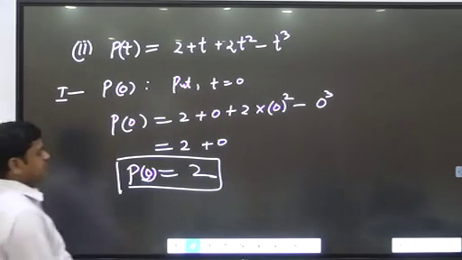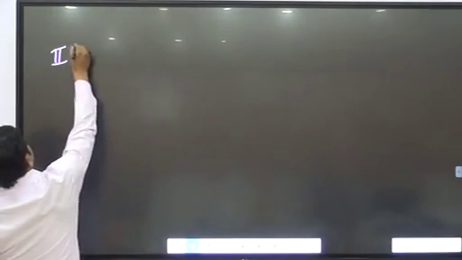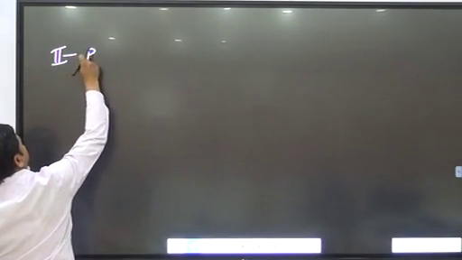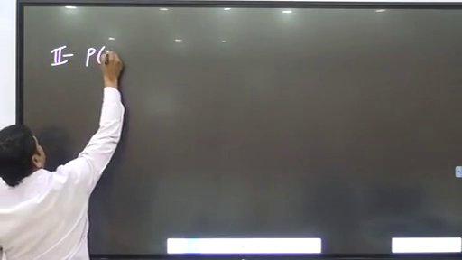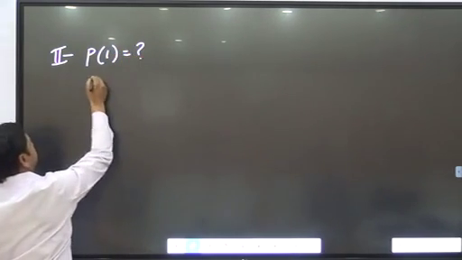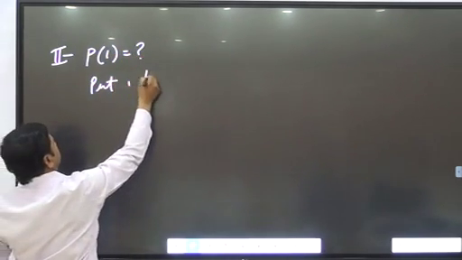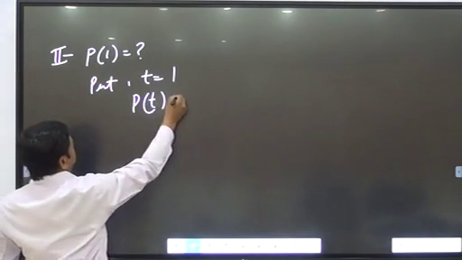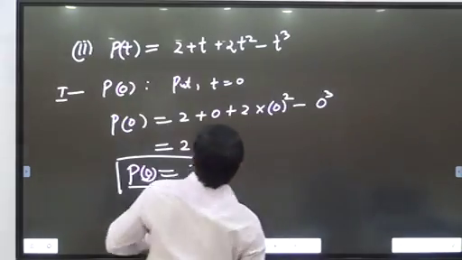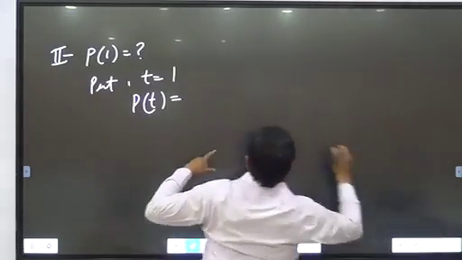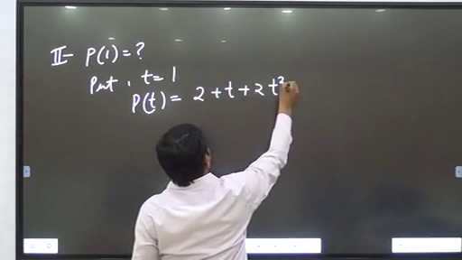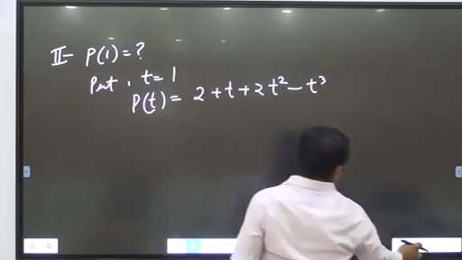Now p(1). Put t equal to 1. So p(t) is equal to 2 plus t plus 2t square minus t cube. Check.